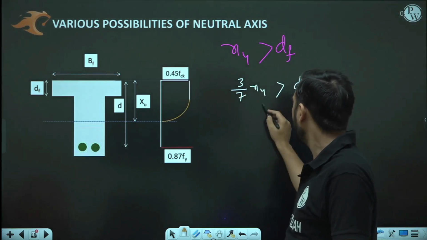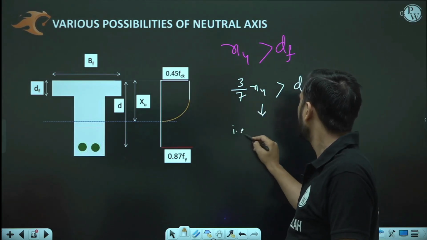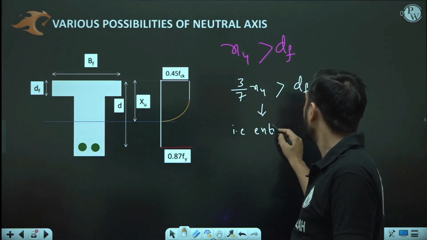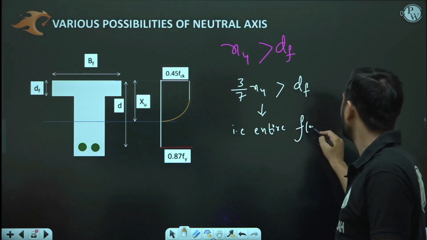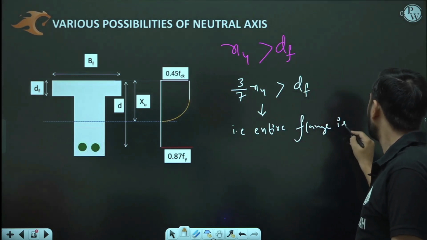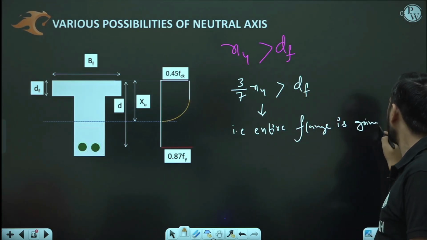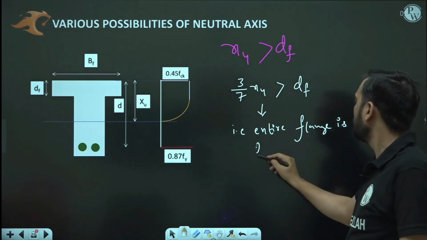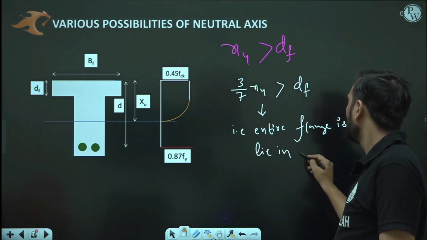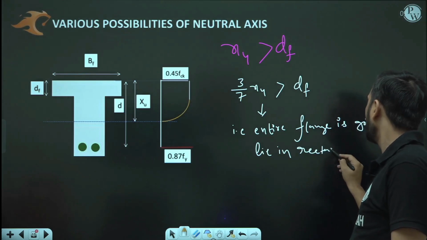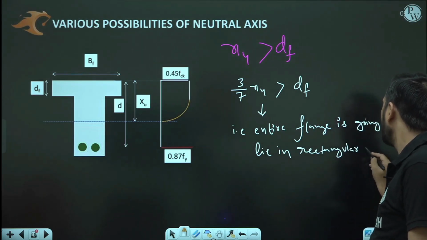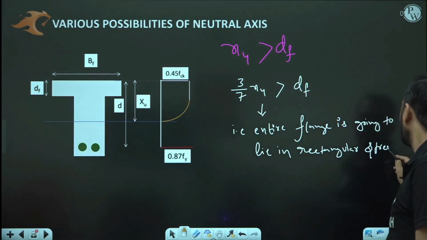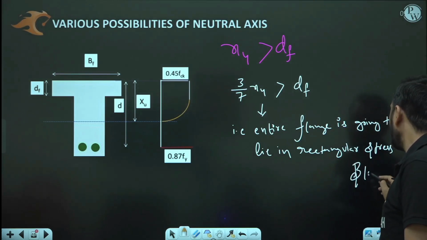What does it mean? It means that the entire flange is going to lie in the rectangular stress block. Are you getting it or not?